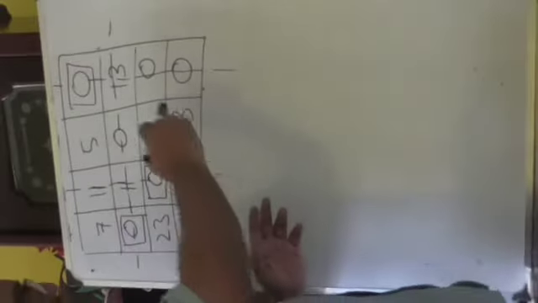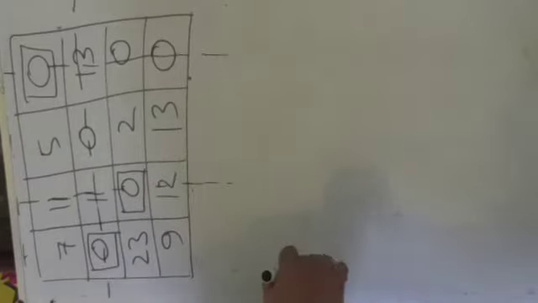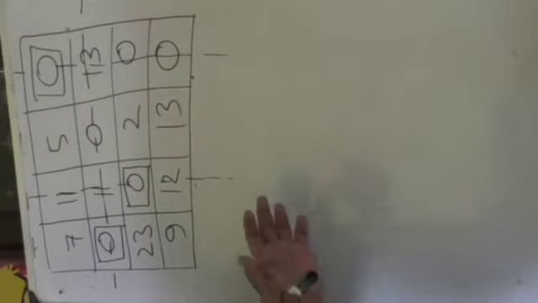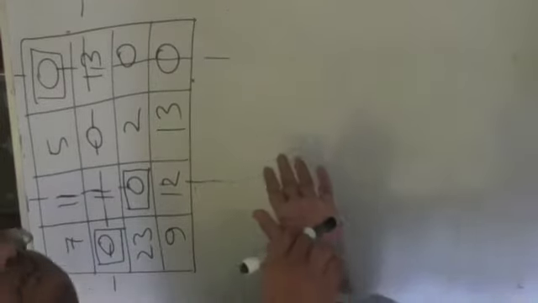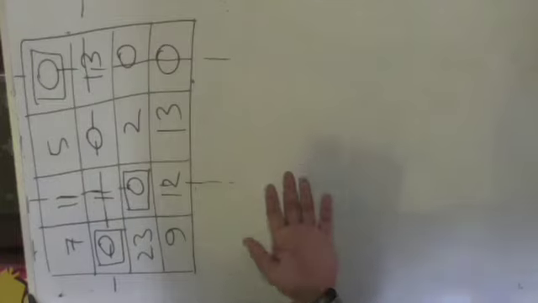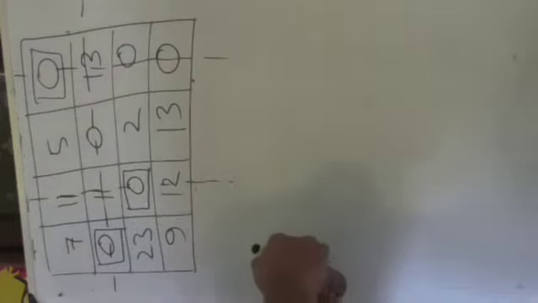After you have blocked all the zeros, the assignment part is over. That means we have got 3 assignments. But the assignment is optimum only if the number of assignments equals the number of rows or columns. In this case, there are 4 rows and 4 columns, so the number of assignments for an optimum solution has to be 4.